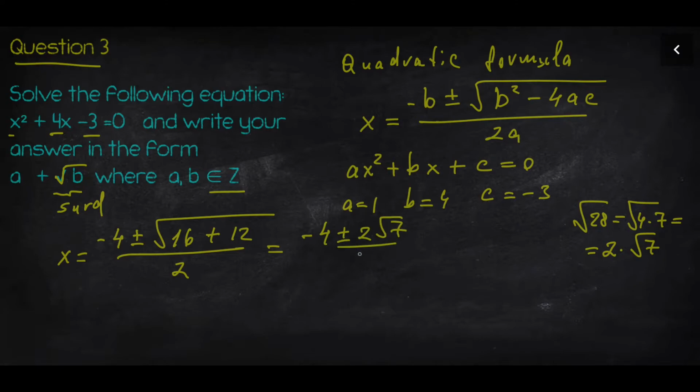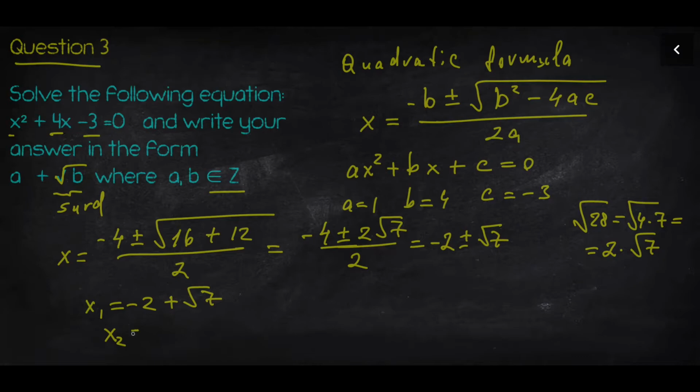We divide minus 4 by 2, which gives minus 2, and 2 square root of 7 over 2, the 2 is cancelled, so it's just plus minus square root of 7. So we have two solutions: x1 is going to be minus 2 plus square root of 7, and x2 is going to be minus 2 minus square root of 7.